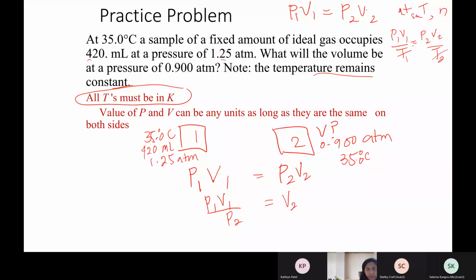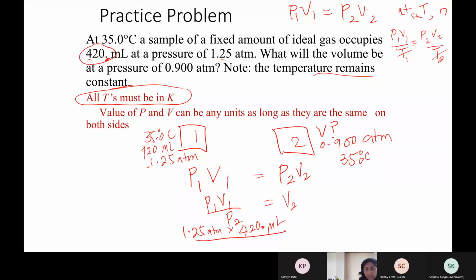So now you just have to plug in the values. What is P1? Okay, now here it's easy. 1.25 atm. Let's plug it in with the unit. V1 is 420. Okay, look here, you'll see the dot, so that means this number has three significant figures, milliliters.